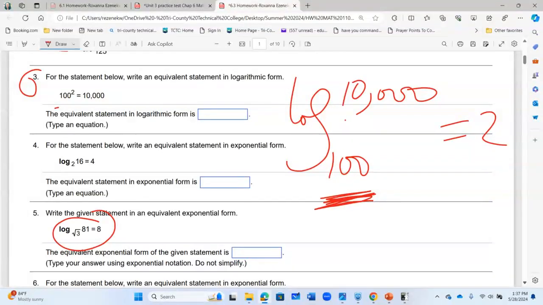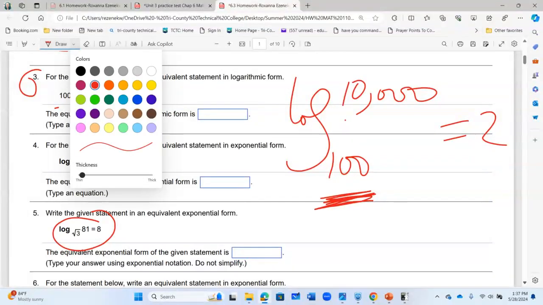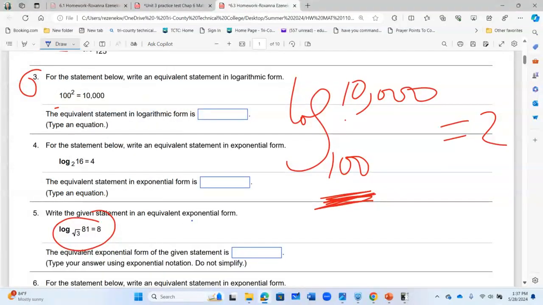So let's rewrite number 5, and then we will go to properties of logarithm. So I have 81 is equal to the square root of 3 to power 8, if I wrote it in exponential form.